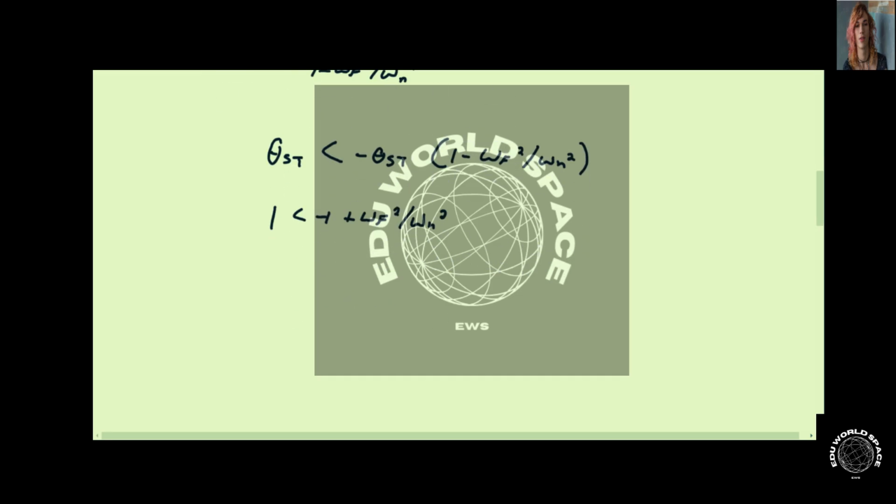And we have 1 minus 1 plus f squared over n squared. This is a minus 1.